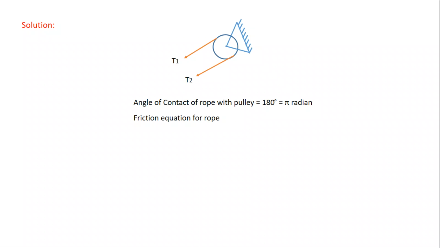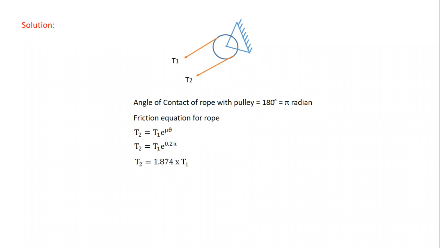So what is the friction equation for the rope? We have already seen the relation between T2 and T1. T2 is the tension in the tight side, and T1 is the tension in the slack side. So T2 is equal to T1 e raised to mu theta. What is the mu here? The friction between the rope and the drum is given as 0.2 and the angle is pi radian.